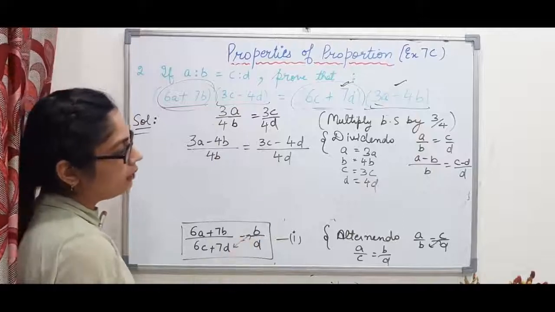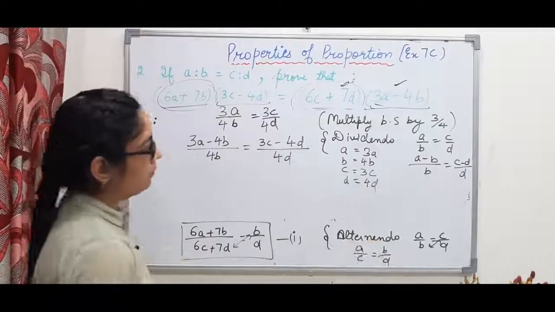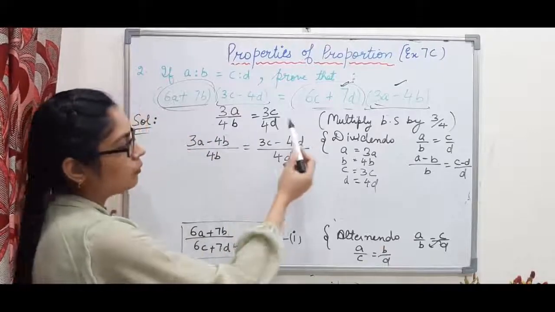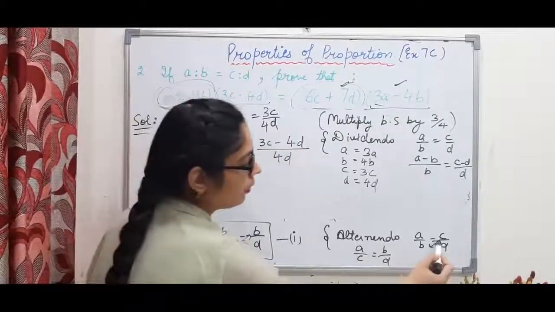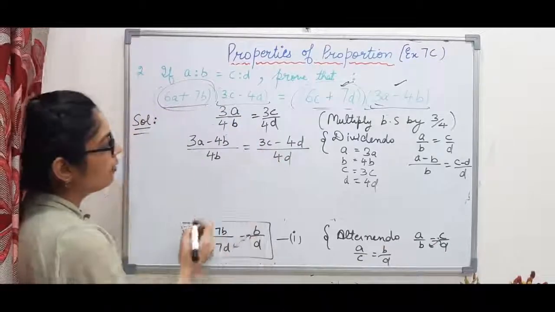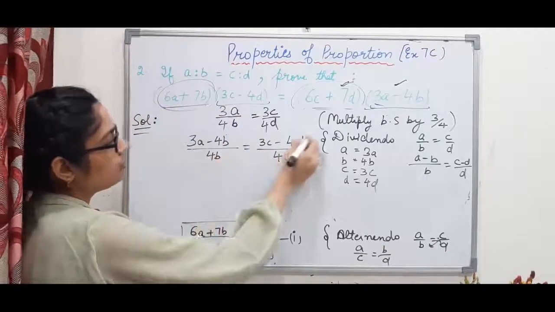Now we have to apply alternando. Alternando I have already written. If a by b is equal to c by d, then we can alternate the positions of b and c. So here this is our b, this is our c.